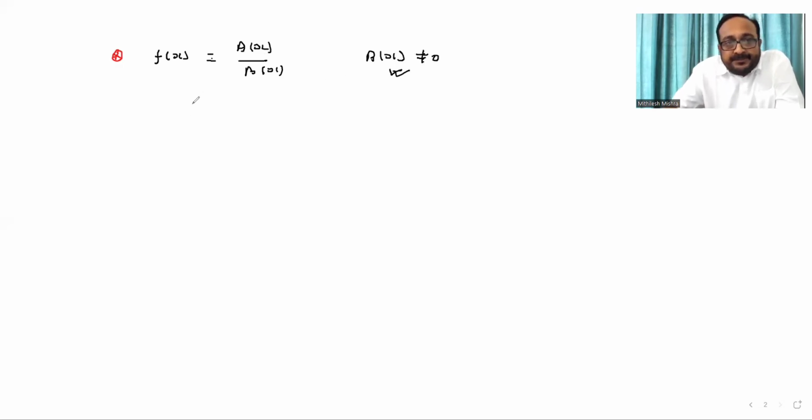As an example, suppose we are writing f(x) is equal to (x minus 3) upon (2x plus 4). Right? So 2x plus 4 should not be 0. That means x should not be equal to minus 2.